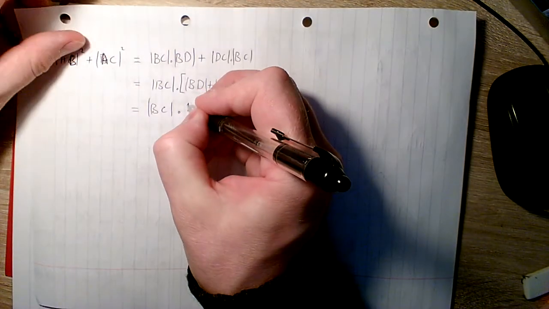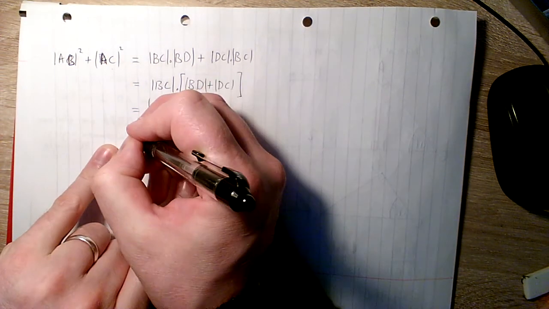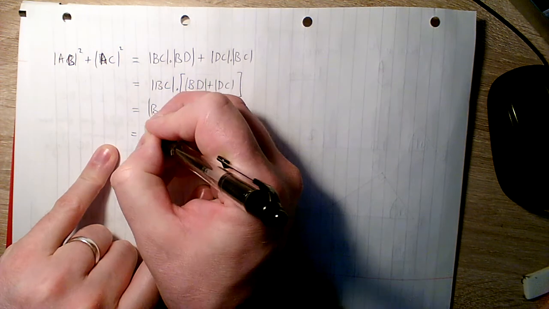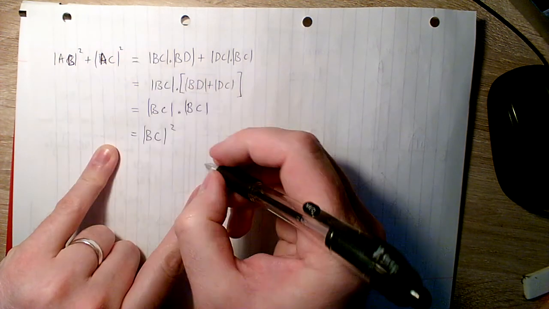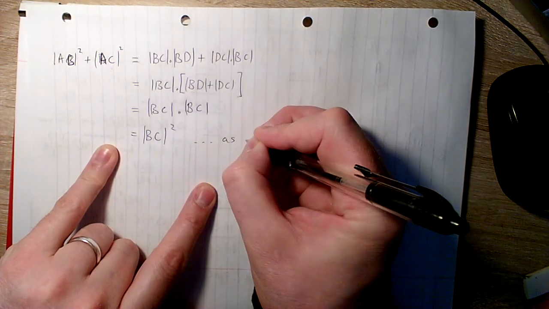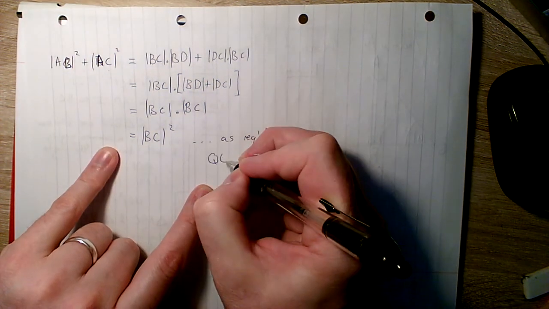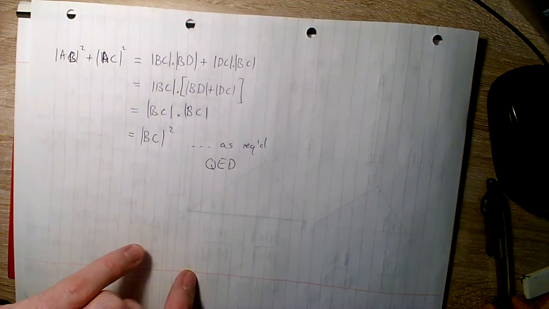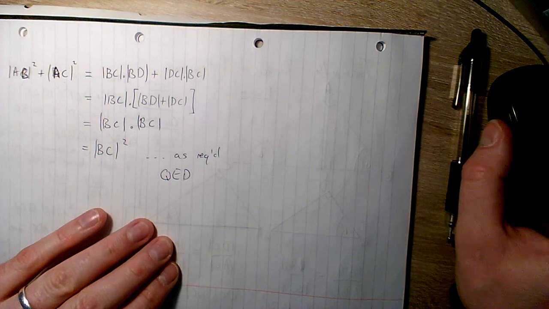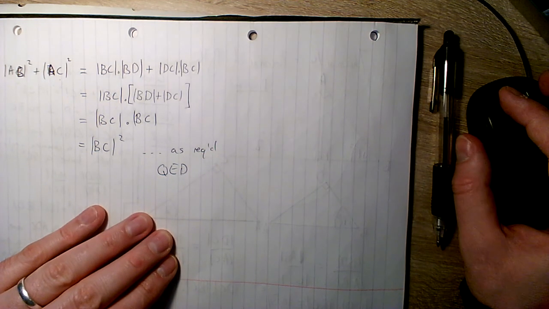So that's BC multiplied by BC, or BC squared, and that's what we were trying to show, as required. Or QED, quod erat demonstrandum. There's Pythagoras' theorem.